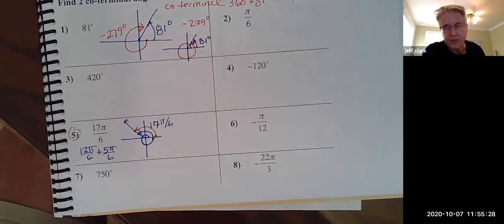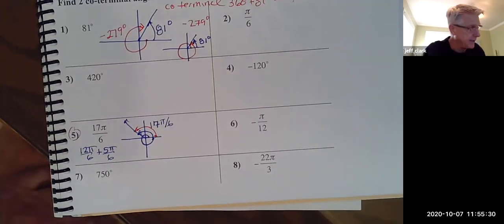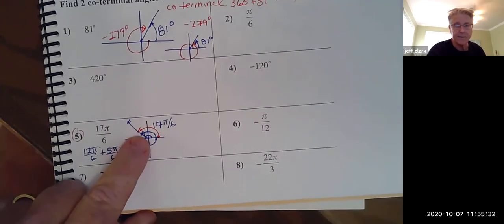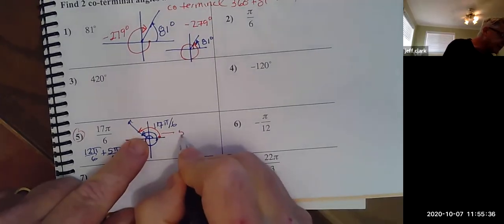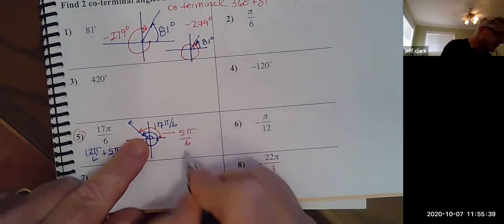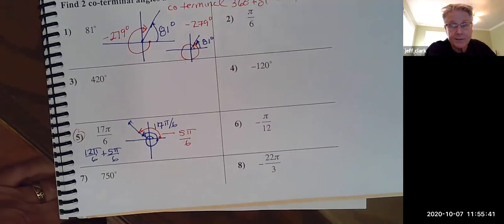So here's a coterminal angle. As long as it starts at the same initial side and stops at the terminal side, that's considered coterminal. That right there is 5 pi over 6. So that's one example.